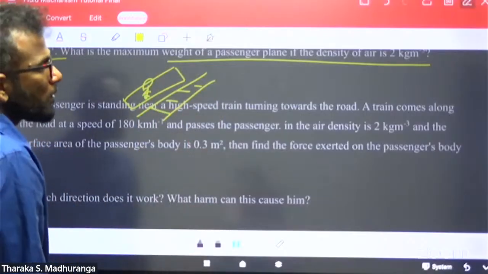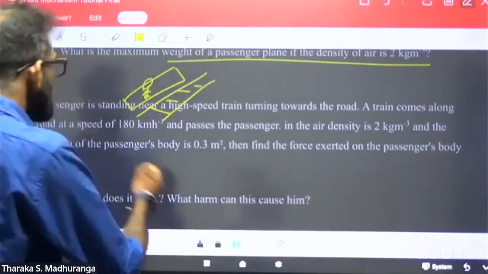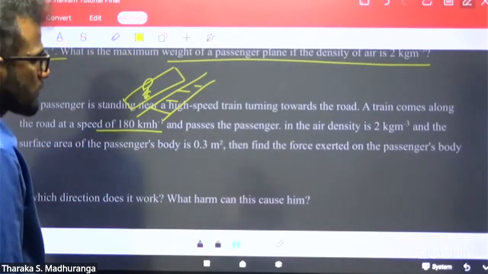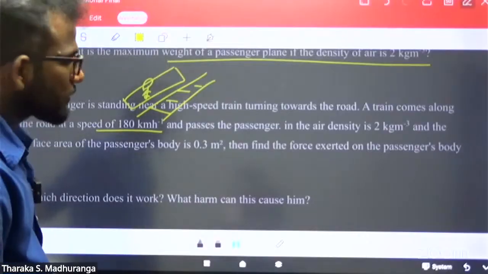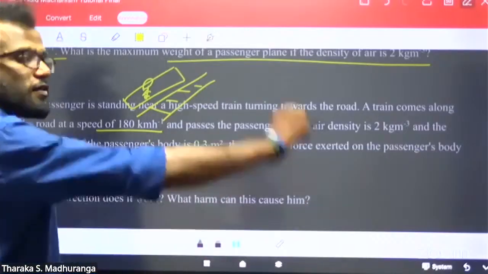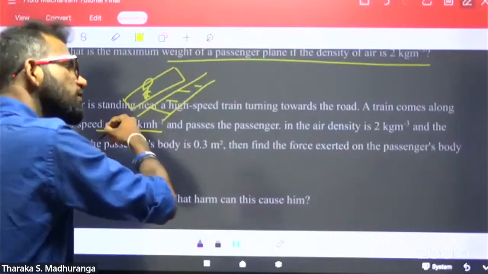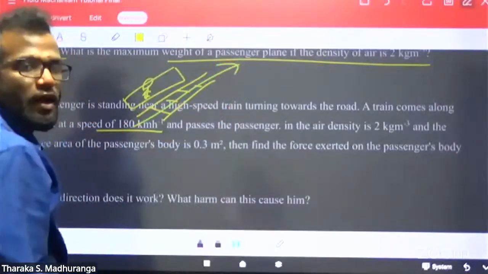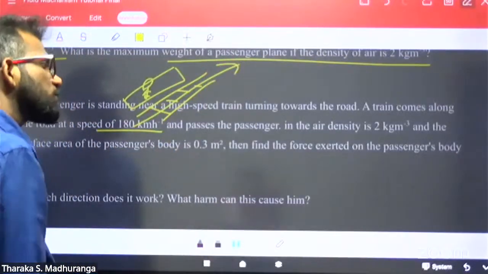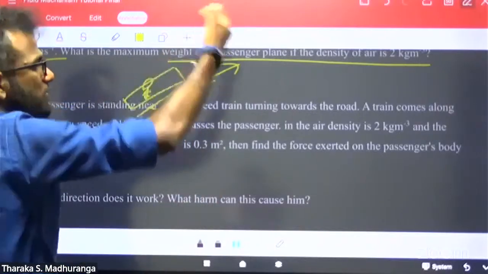The train comes along the road at the speed of 180 kilometers per hour, and passes the passenger. This train is not stopping at this station. It is an express train passing the passenger.